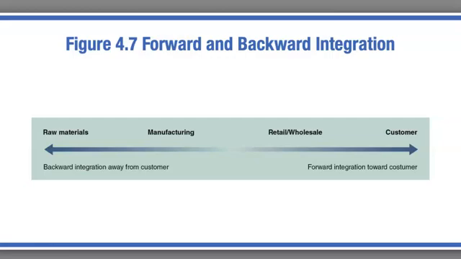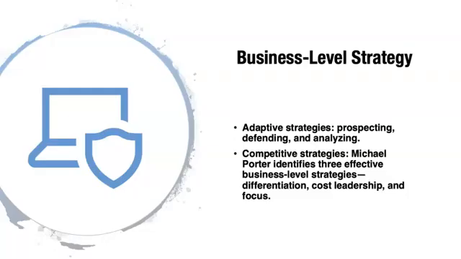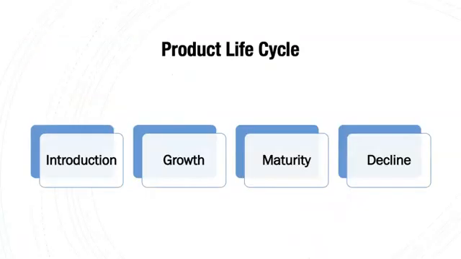I like the figure here because it shows you, to the left end, you're integrating away from the customer, the whole manufacturing part, and then the right end is about the customer. So this is the long road that you have to go through to get your product out there. And again, just to wrap up, business level strategies: you have adaptive strategies, you have competitive strategies here.